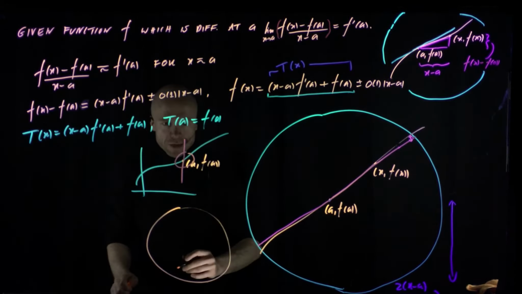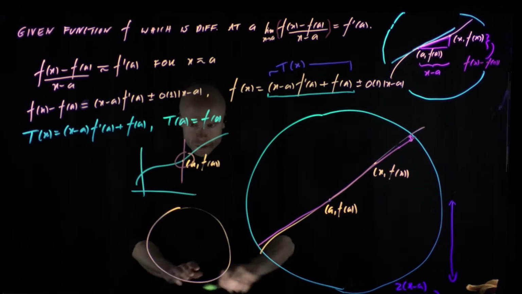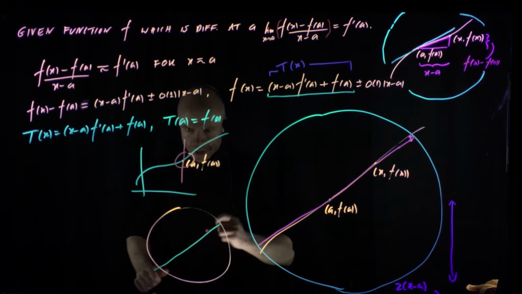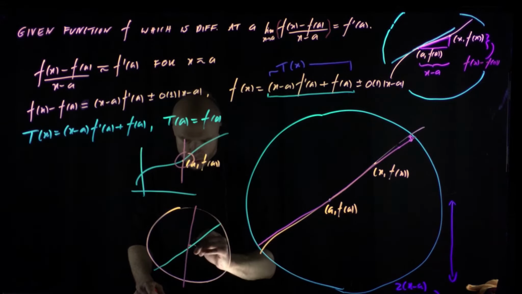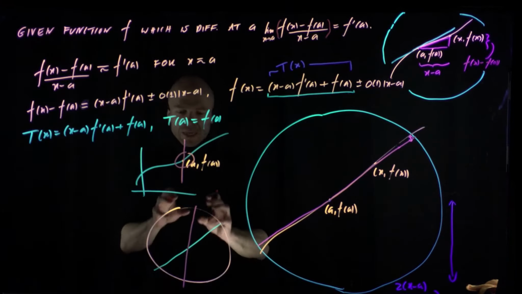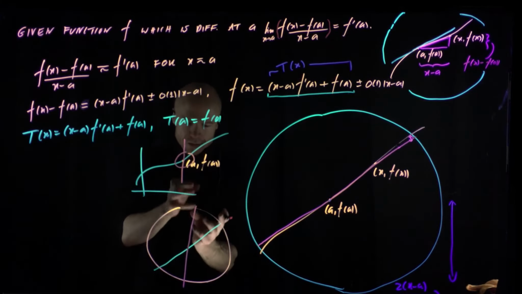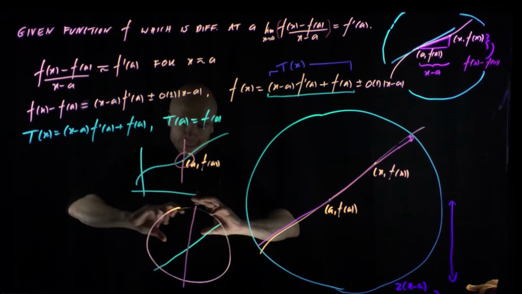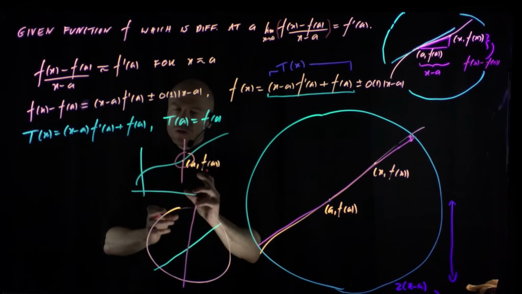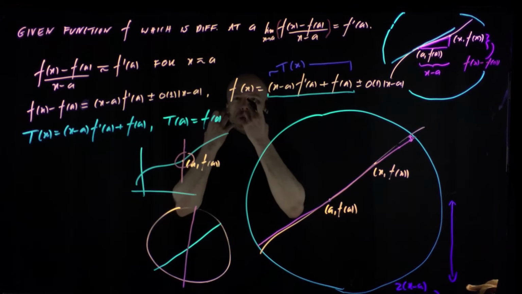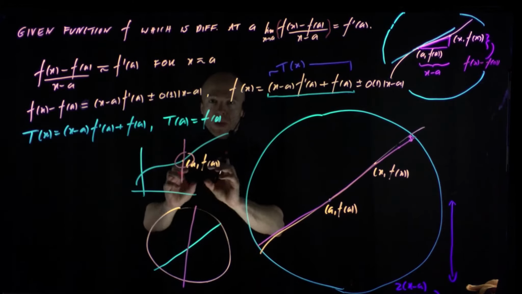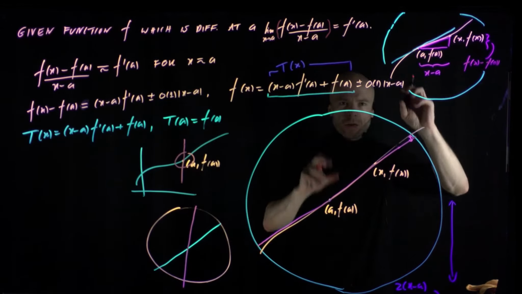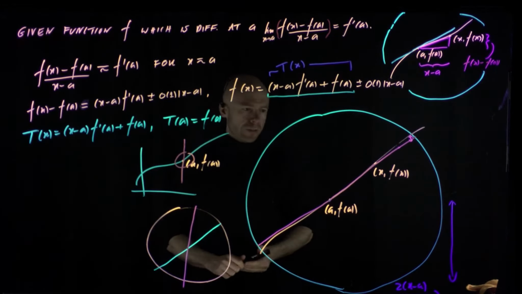If we blow this up to size 1, then this is the graph of our function, and this is the tangent line. It doesn't get any closer together as we get on a smaller and smaller scale. The blow-up picture looks kind of the same. It's not actually looking smaller on a scale compared to the scale which we're working on. Whereas this one actually is. That's encoded in the definition of differentiability.